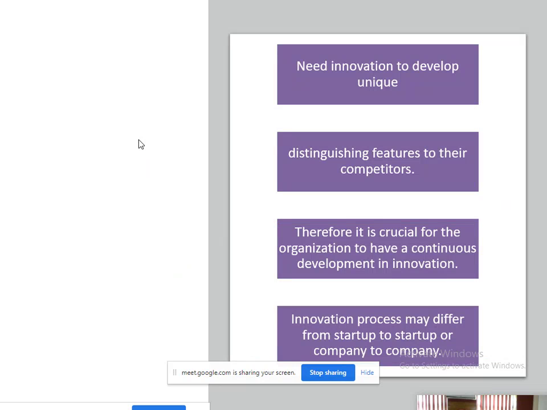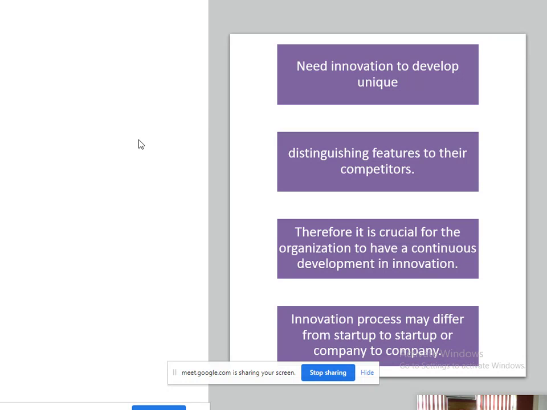So from this we can understand why innovation is important for startup companies or for any organization. Therefore, it is crucial for the organization to have continuous development in innovation, and the innovation process may differ from startup to startup or company to company.